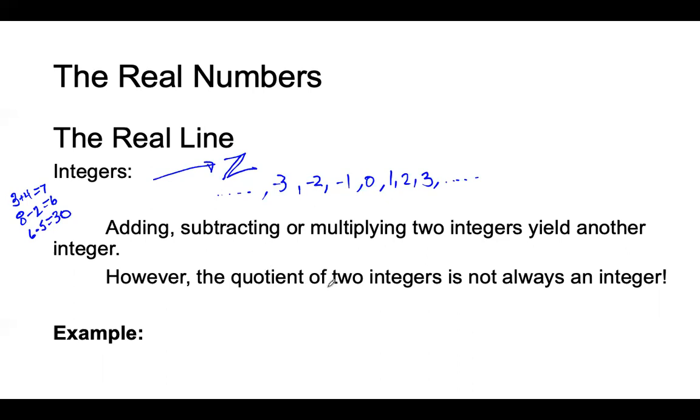However, the quotient of two integers is not always an integer. This means that we can divide an integer by another integer. For example, 8 divided by 2 equals 4, and this, of course, is an integer.